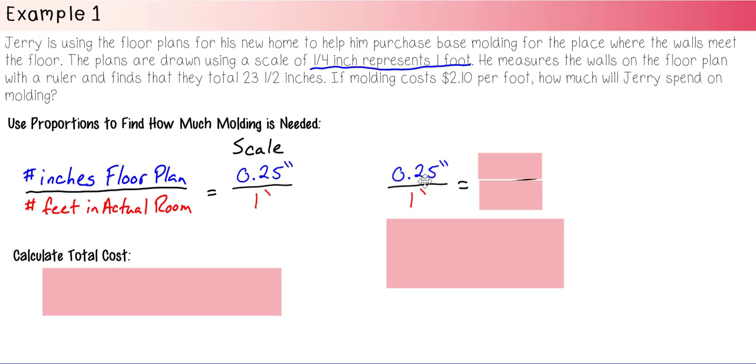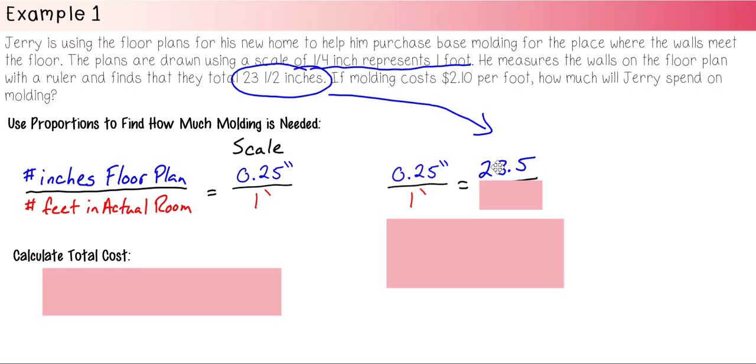So using the scale, let's look at what information we have. We know that they total 23.5 inches. That is our amount on the top. So 23.5 inches would go on the top of our proportion.